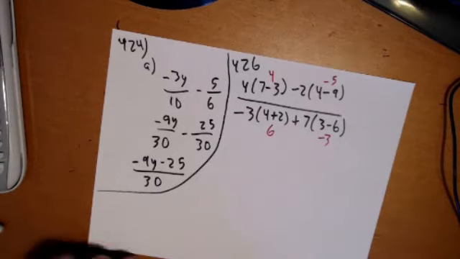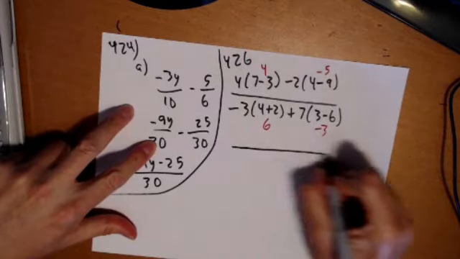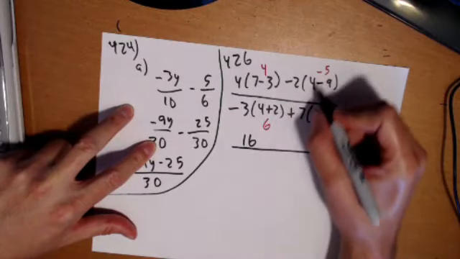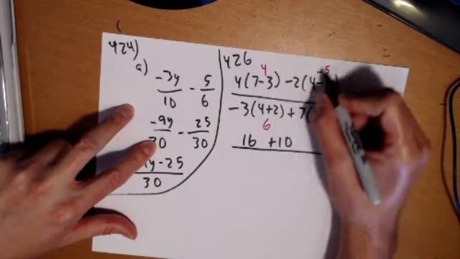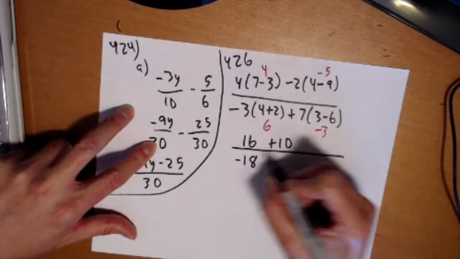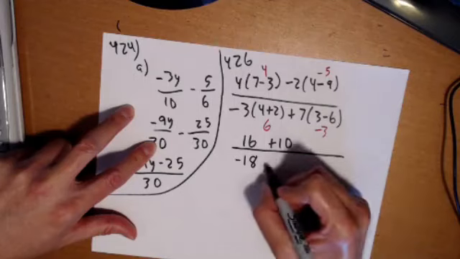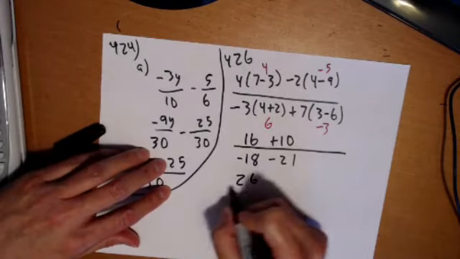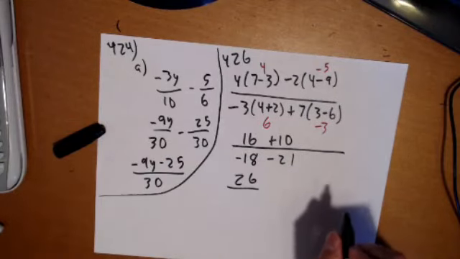Okay, so I'm going to try and clean things up. So 4 times 4 is 16. Minus 2 times minus 5 is a positive 10. Downstairs, a negative 3 times a 6 is a negative 18. And a 7 times a negative 3 is negative 21. So the top, 16 plus 10 is 26, and on bottom, a negative 18 and a negative 21.